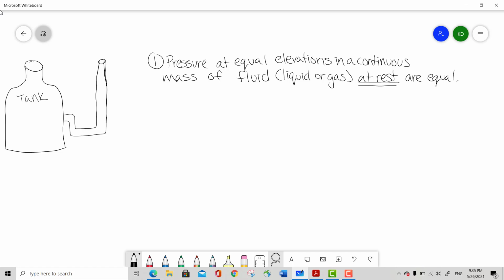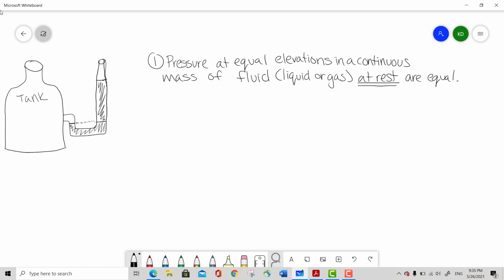So if you remember, if we've got liquid right here, and we have liquid right here, and all of this liquid.